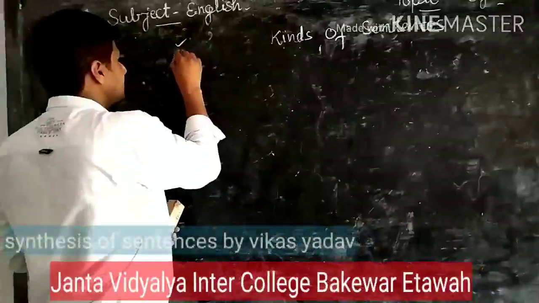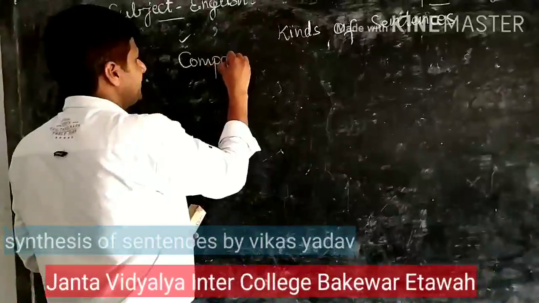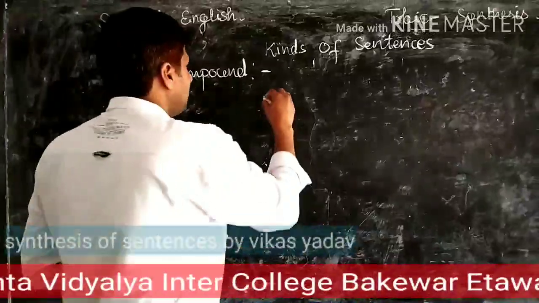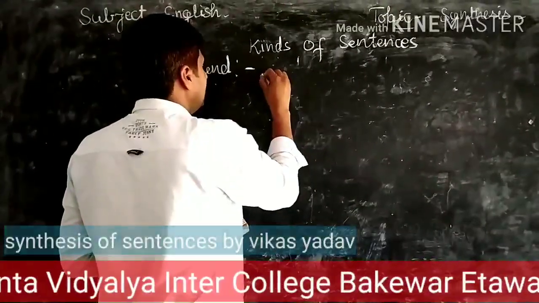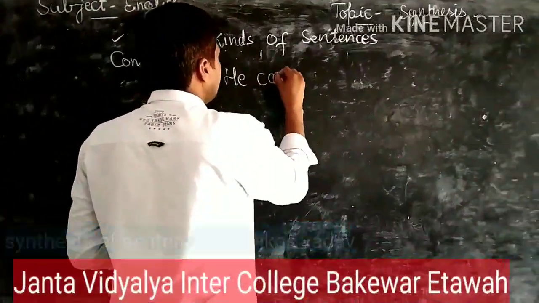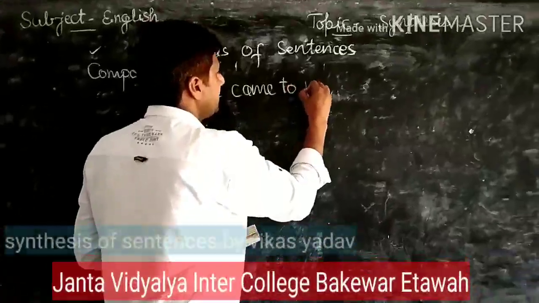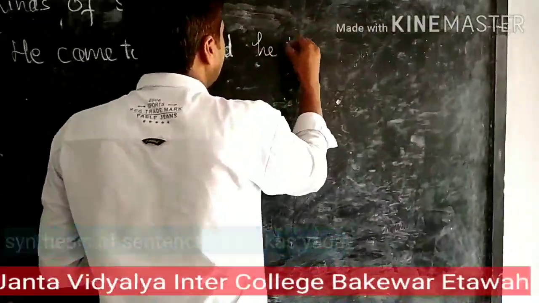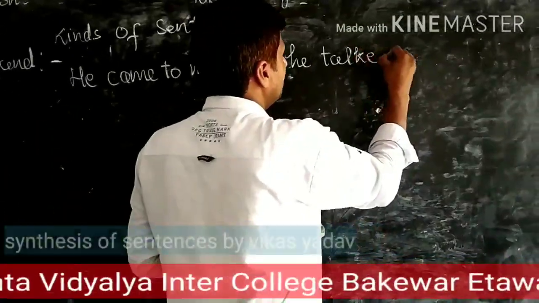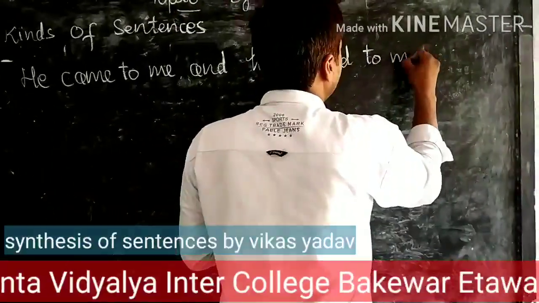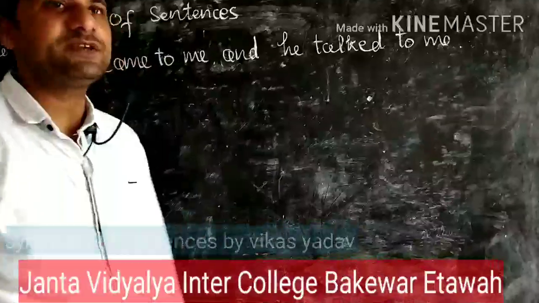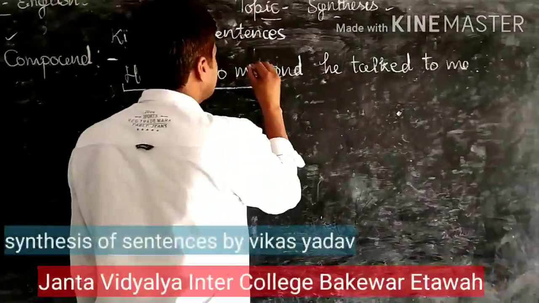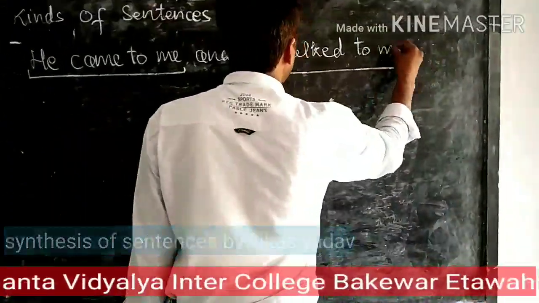Let's now take another kind of sentence, the compound sentence. In a compound sentence, we see: he came to me and he talked to me. In this sentence, if we see carefully, we find 2 groups of subject and predicate.